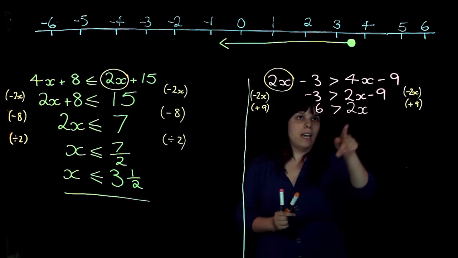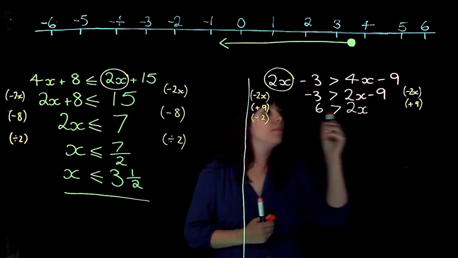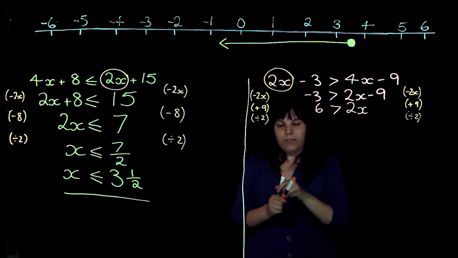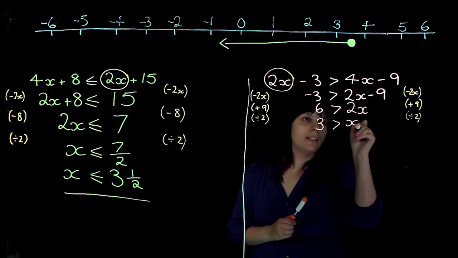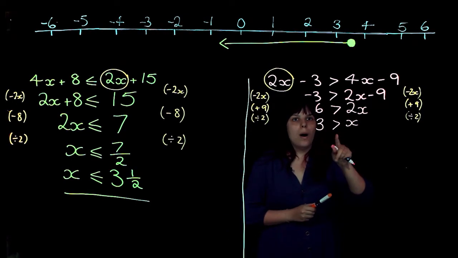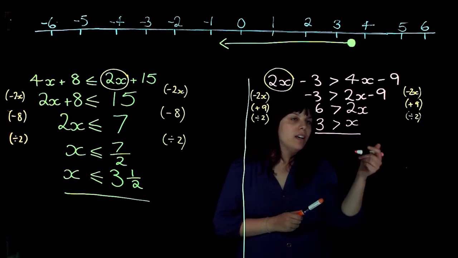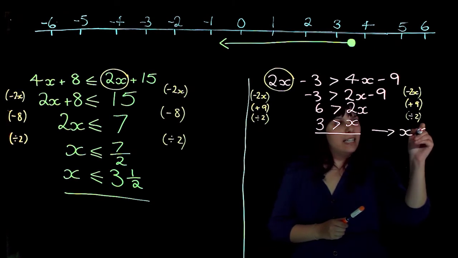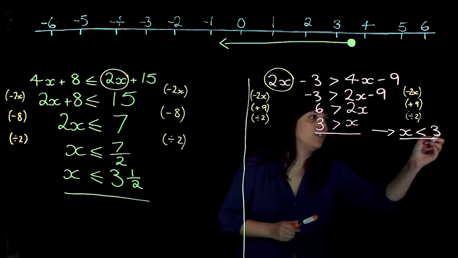And then I want to get rid of my times 2, so I'm going to divide by 2 on both sides. So 6 divided by 2 is 3, and 2x divided by 2 is x. So my answer is 3 is bigger than x. So if I rewrite that the way I like it, I've got x is less than 3. And they're the same. So that's my solution.